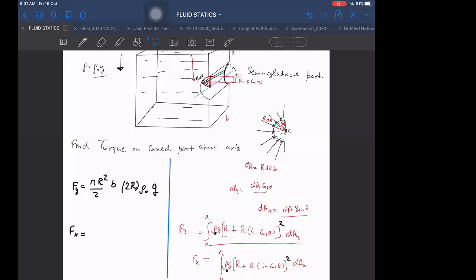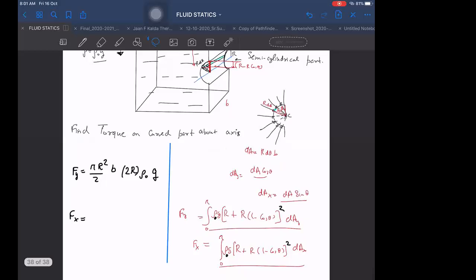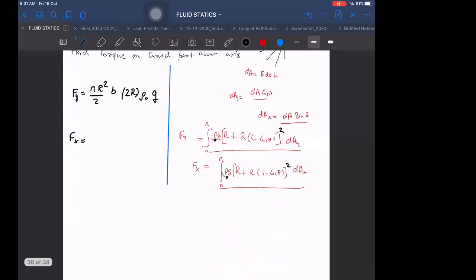Let me check. Rho naught y into G into R square into (2 minus cos theta) whole square, which is 2 square plus cos square theta minus 4 cos theta.